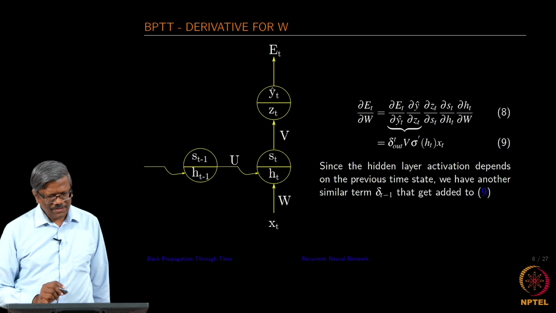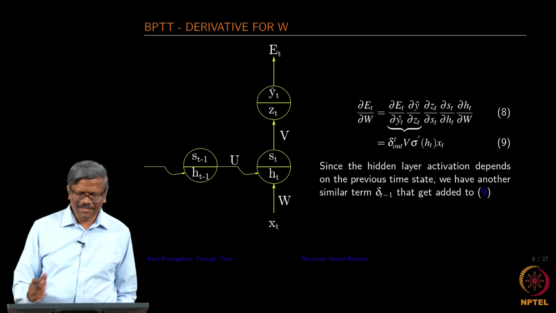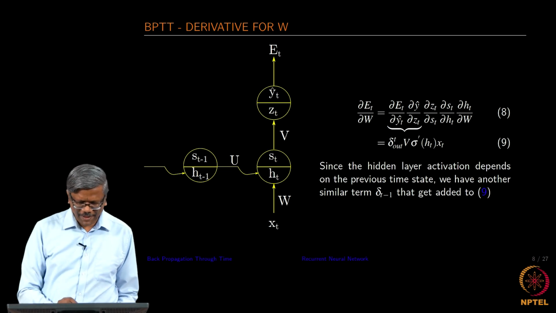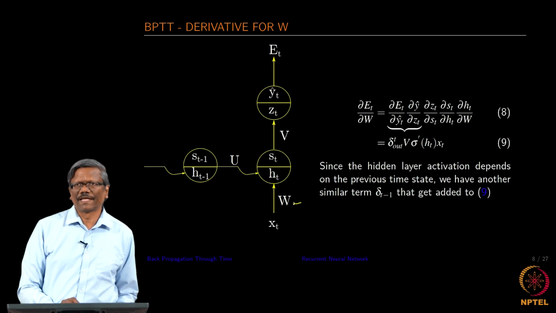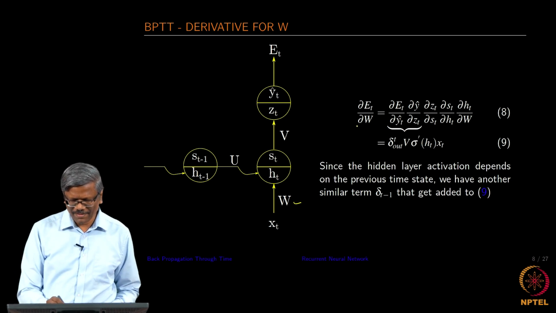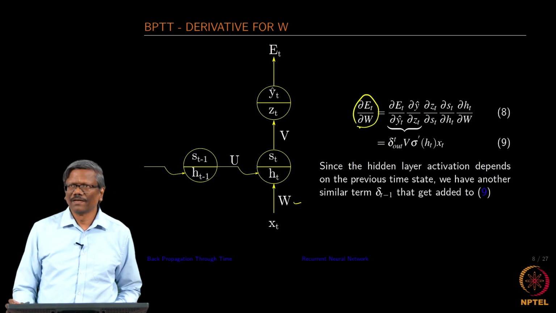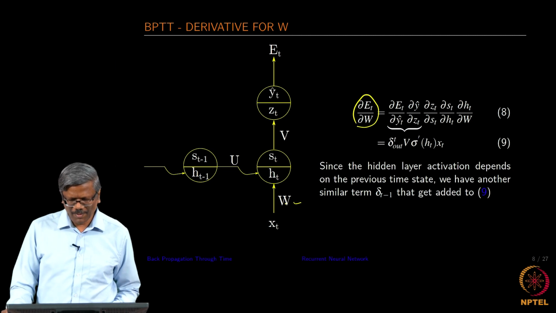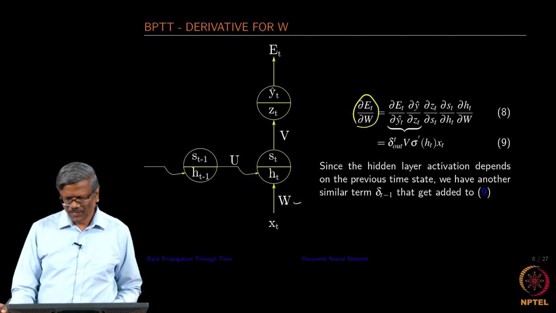Now let us look at the derivative for w. In a similar fashion, we are going to be using the chain rule to find out what is the change that we require, so that we can update w with that particular chain. This is the chain that we want to find out, with which we will update w. Again, use the chain rule.